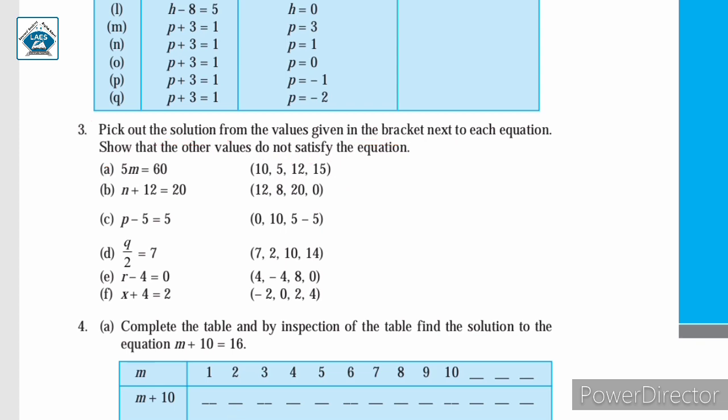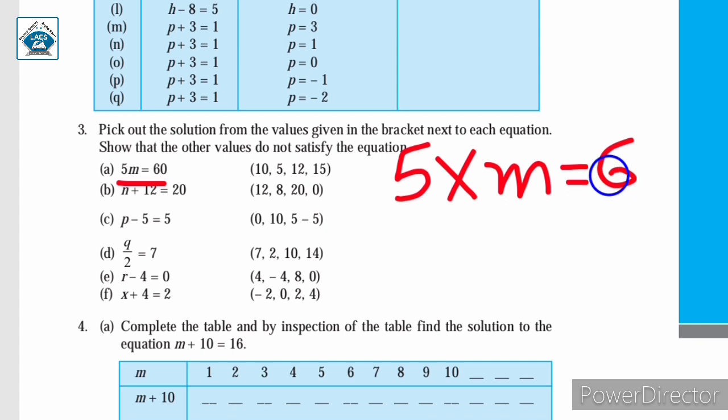Here the first equation is 5m is equal to 60. That is 5 multiplied by m is equal to 60. So here firstly the value given to us is 10. So when we put m is equal to 10 in the equation, we will get 5 multiplied by 10.